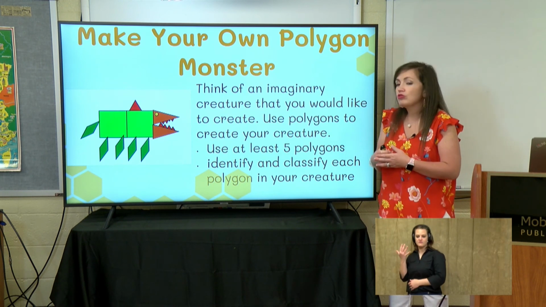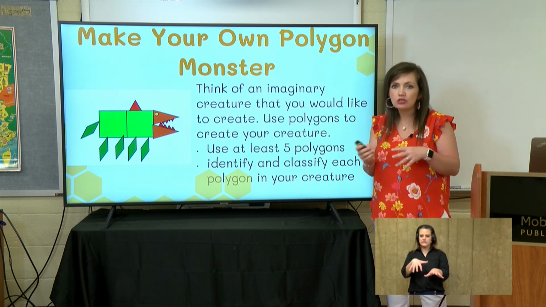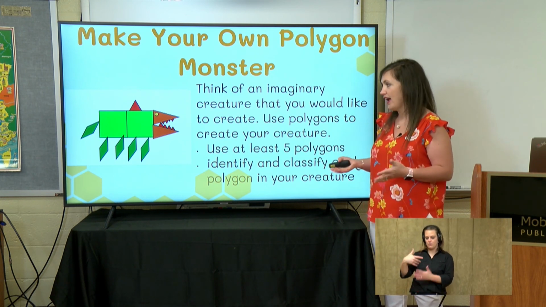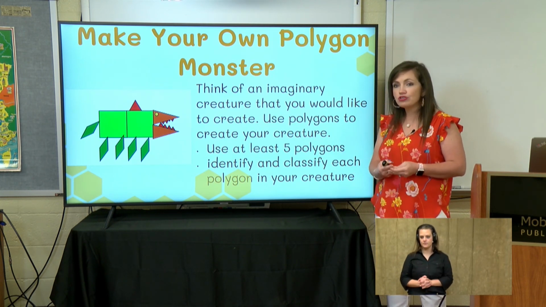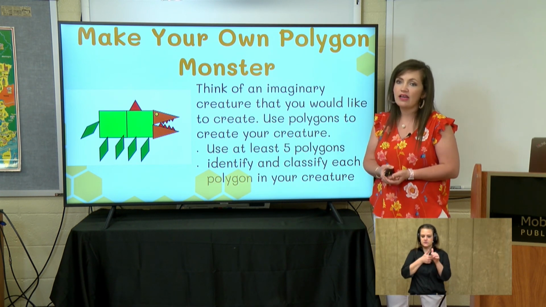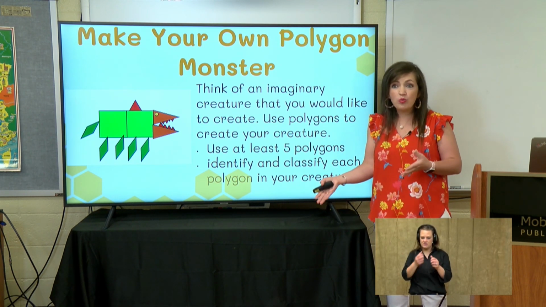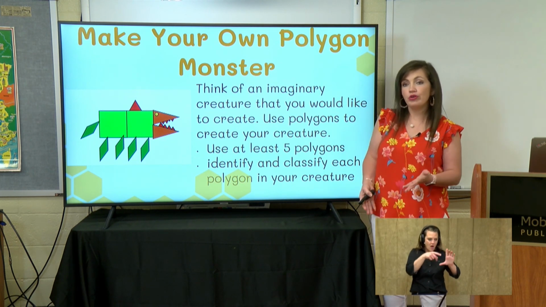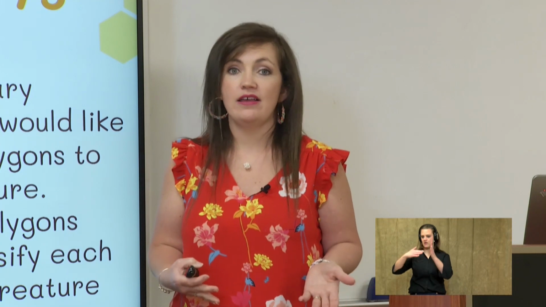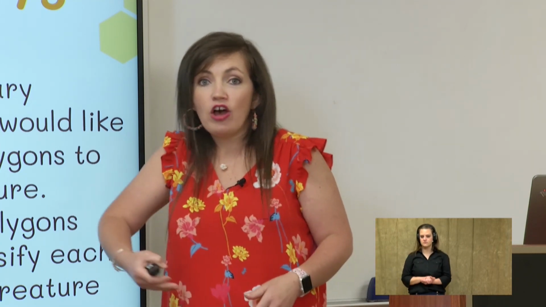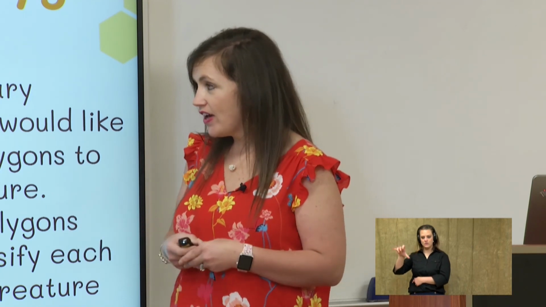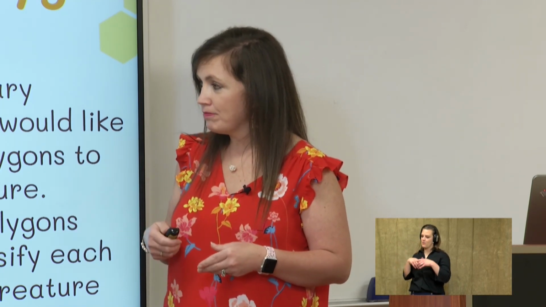Make your own creature or monster or robot with any kind of polygon that we talked about today. And then once you're done, I want you to identify and classify those polygons. Figure out which ones have right angles, which ones have perpendicular lines, parallel lines. Are they also quadrilaterals? All right. So this is a fun activity I can't wait to see pictures of.